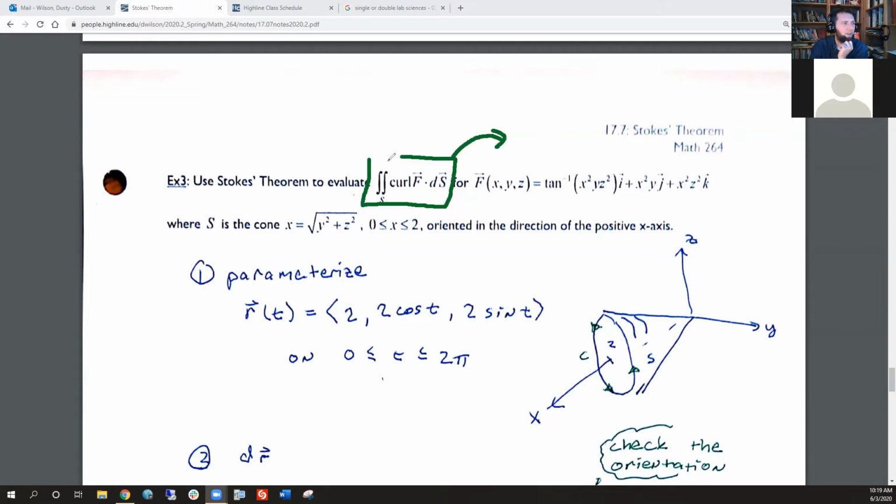So here we've got a surface integral. We're in the section on Stokes theorem. And so Stokes theorem is going to allow us to write the surface integral as a line integral? As a line integral, exactly. So we can go either direction. So that's kind of where we're going. That's the big picture. Now we just get to work through all the weeds.